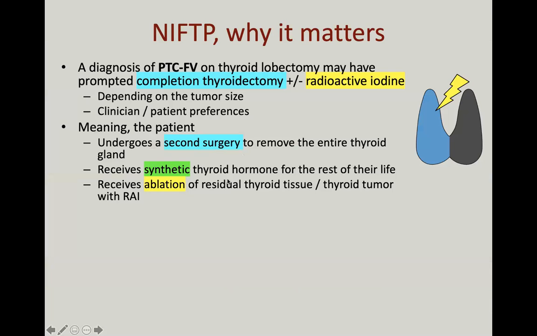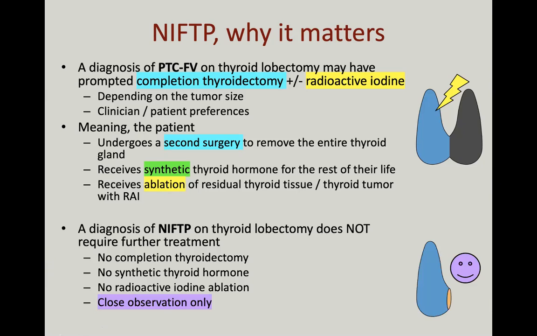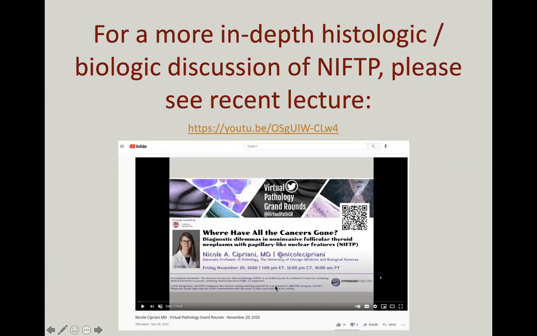The patient had to receive, of course, Synthroid for the rest of their life, with possibly radioactive iodine ablation, depending on the size of the tumor. Now, a diagnosis of NIFT-P does not require any completion thyroidectomy, no Synthroid, no radioactive iodine, just close observation, because these are thought to resemble more closely follicular adenomas that have low to no risk of metastasis in the absence of capsular invasion.